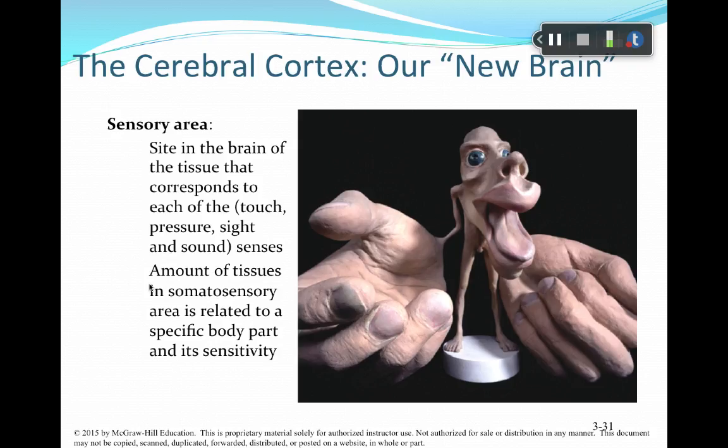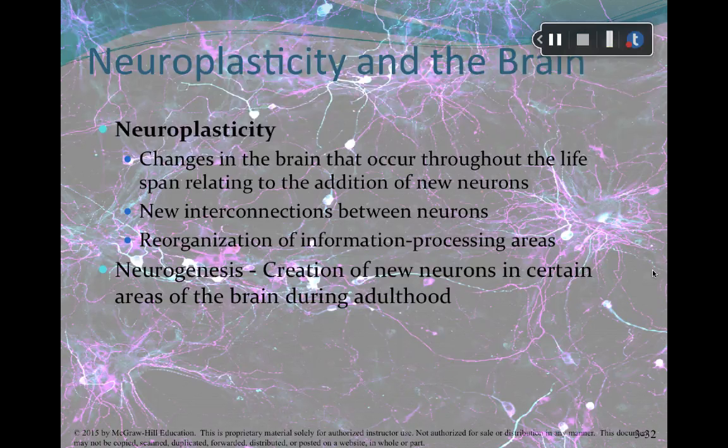So if you think about what we perceive, our lips, our tongues, and our hands, we have a lot of perception in our hands. They're very sensitive. They get cold easily. They get hot. They get sweaty. They feel pressure. They feel pain. So this diagram is a good example of how the body is represented sensitivity-wise in the tissue itself of the brain.